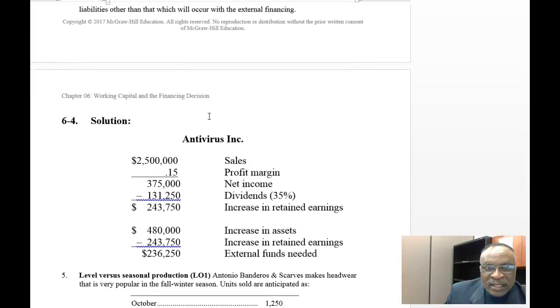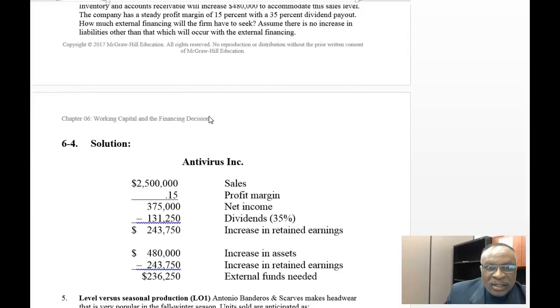Okay, right here we have the solution. Basically this is what you do. You have the 2.5 million here, you multiply that by the 15% profit margin, and then you have $375,000, and then you back out the dividend payout, which is 35% of this.